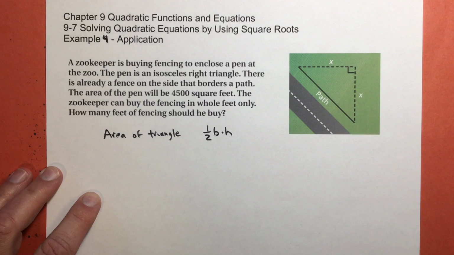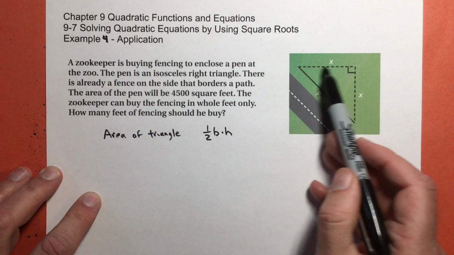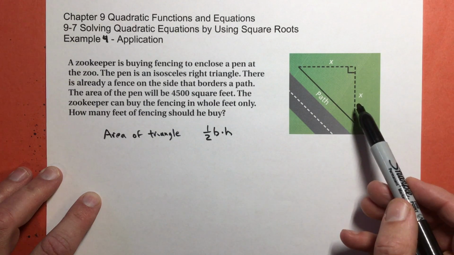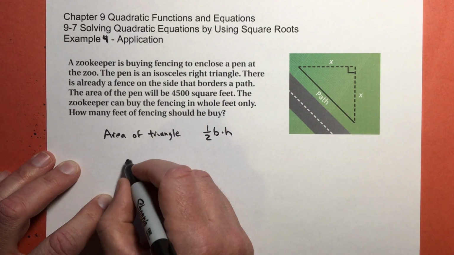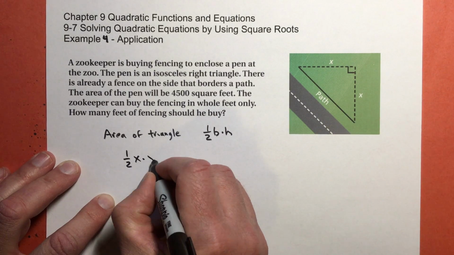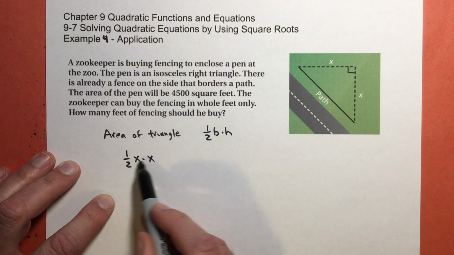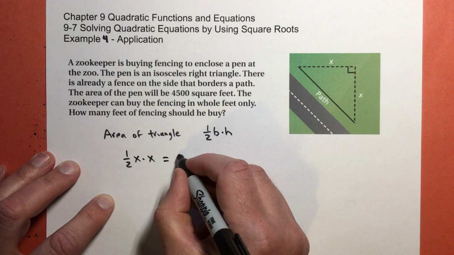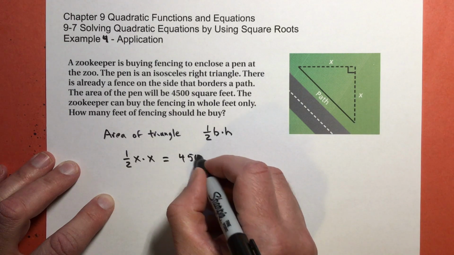It turns out the base and the height are going to be the same. That's the number I'm looking for. So this area is going to be 1/2 of x times x, because the base and the height are the same, and that area is going to be 4,500 square feet.